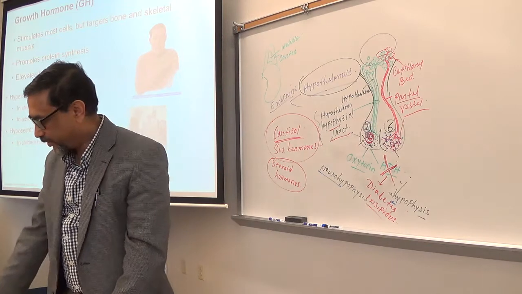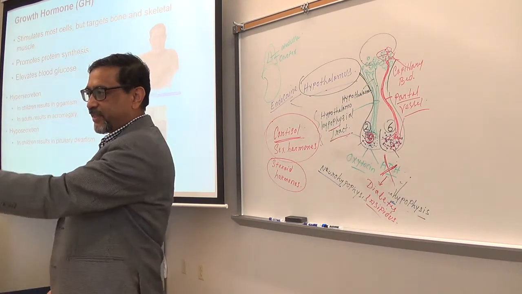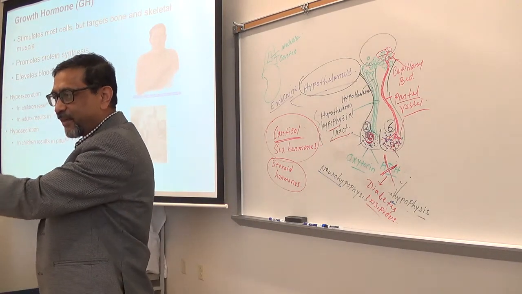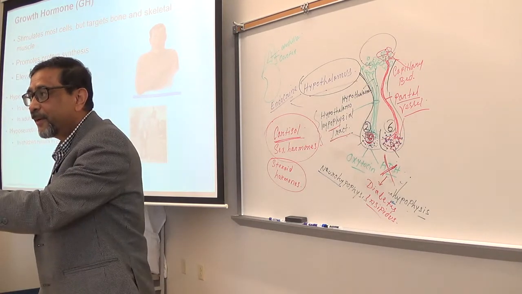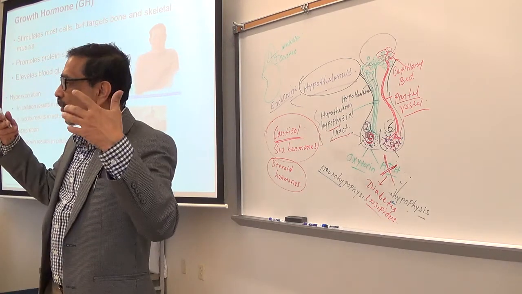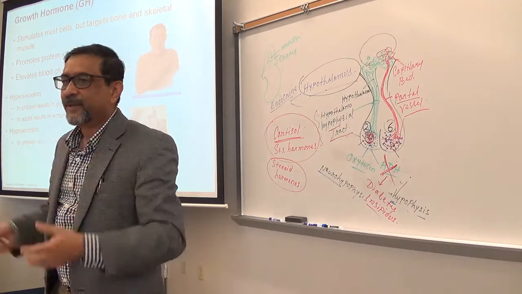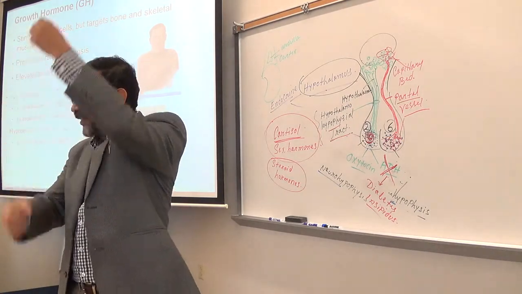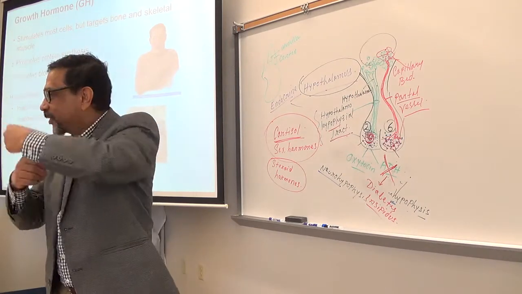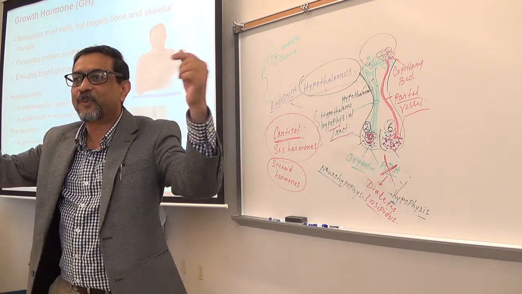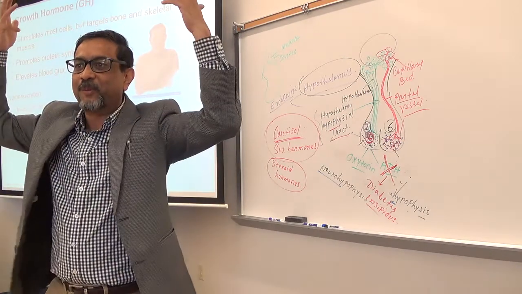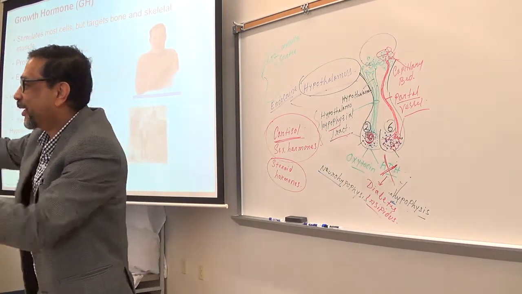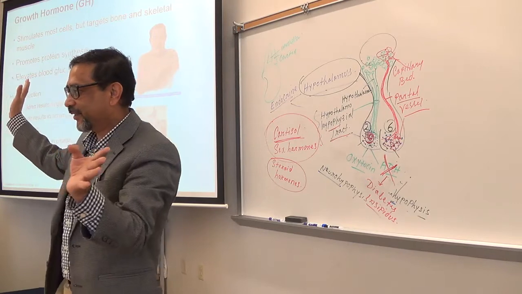Gigantism or giantism due to excess secretion of what? Growth hormone. During when? During the growth of the body. You know ossification, right? Once the growth is completed, the bone growth is completed, ossification is completed, then if growth hormone secretion occurs, the person will not grow anymore because bone growth has been completed. Is it clear?